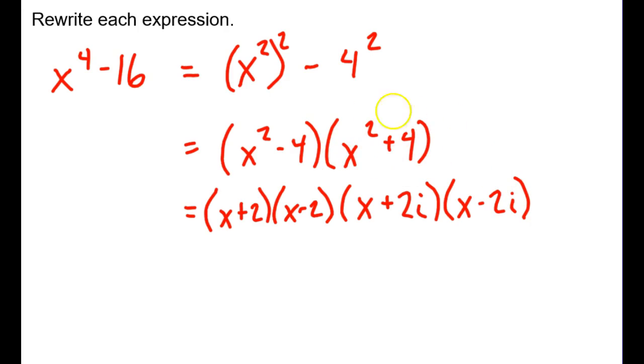Normally, we're not going to factor this down any further, but it's good practice for what we've talked about previously with complex numbers. Using the ideas of difference of squares, first we had to use exponent properties to rewrite this expression, then we could apply the difference of squares to factor it down.